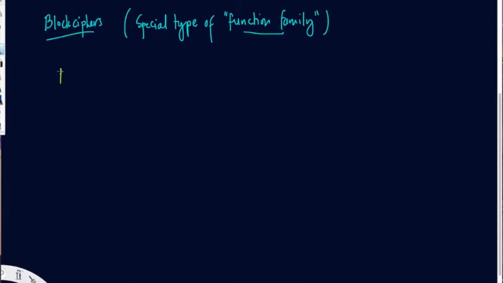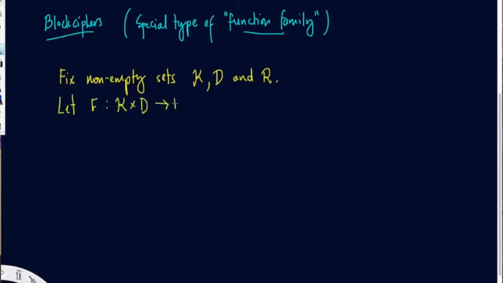So let's fix non-empty sets, calligraphic K, calligraphic D, and calligraphic R. Let F be a map from K cross D to R.